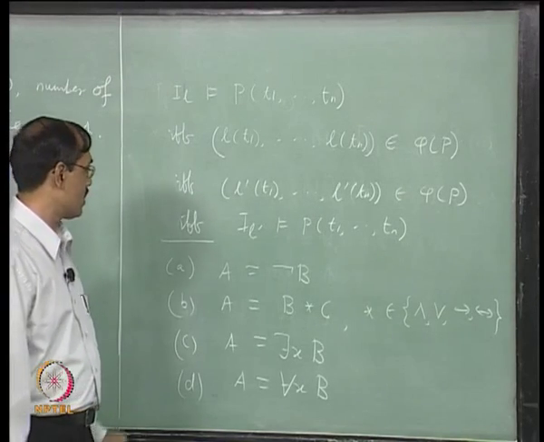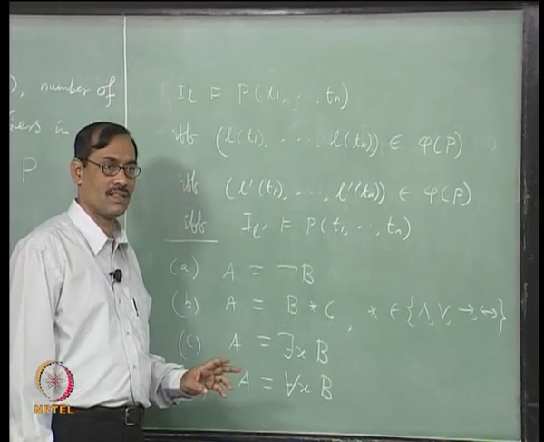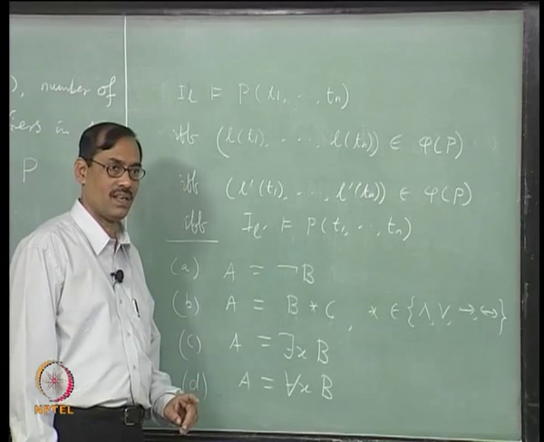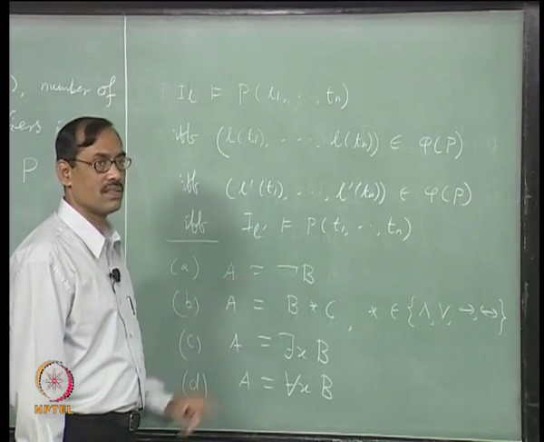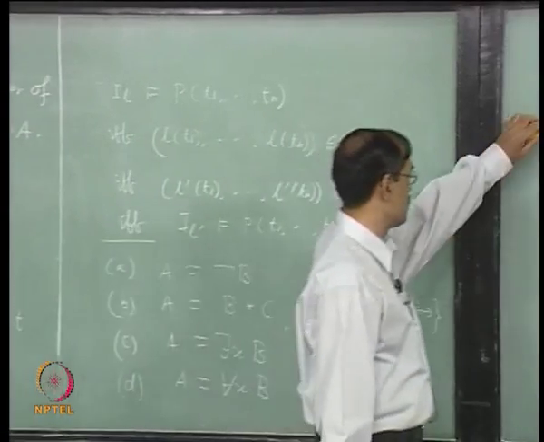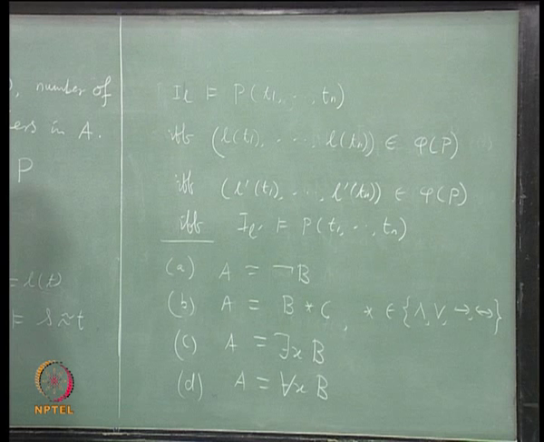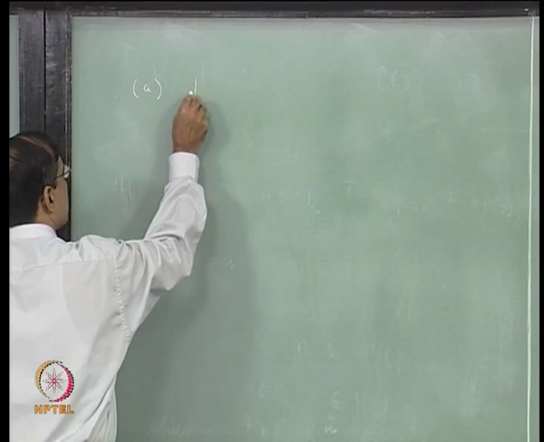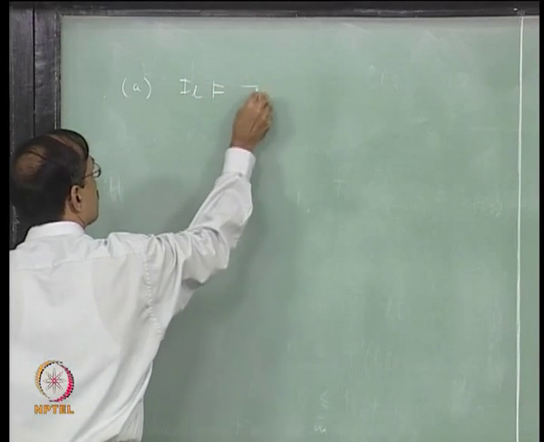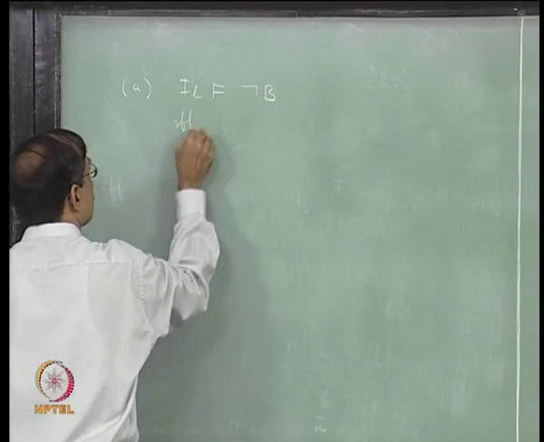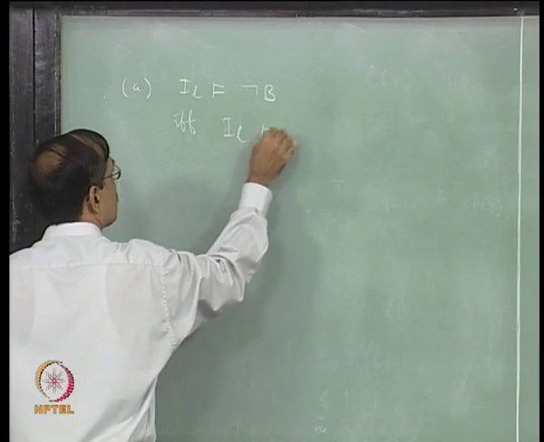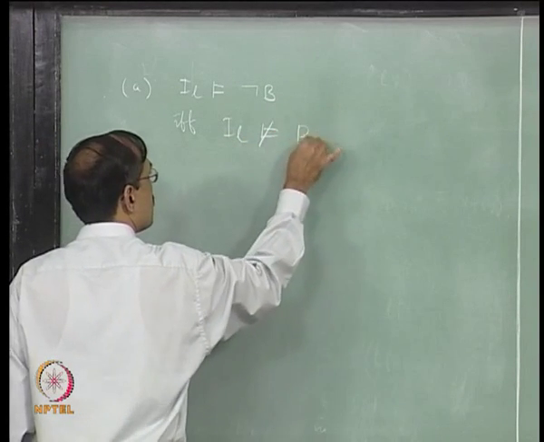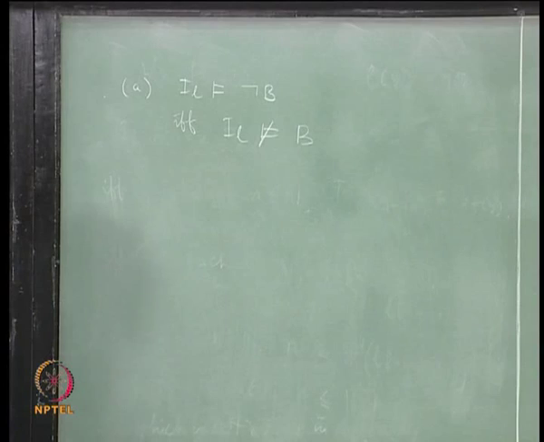Okay. So, let us take the not B case. If A equals not B, then you start just like this and use the definition of satisfaction. So, say case A, I L satisfies not B if and only if I L does not satisfy B, by definition.